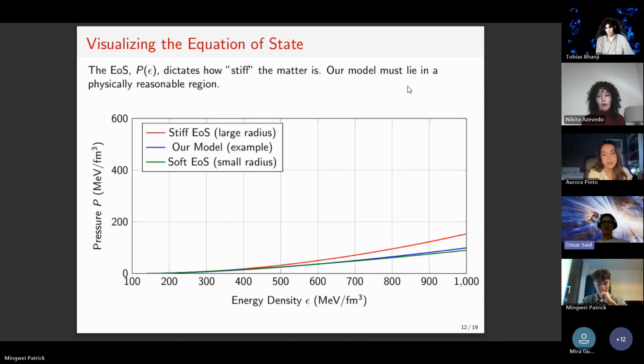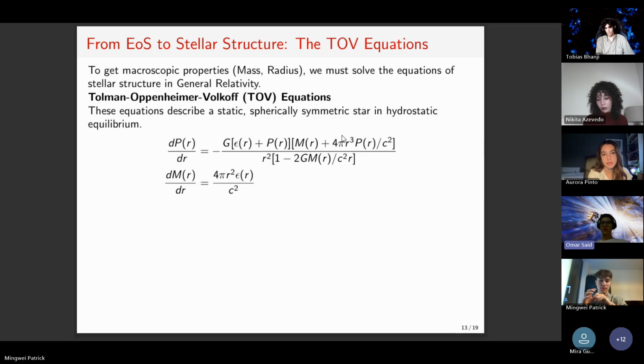Now, these field equations are not enough to bridge the gap to microscopic properties like the mass and radius we set as rules for the validity of the model. So if you apply the Tolman, Oppenheimer, Volkov, TOV equations, we will get these 2 equations here.